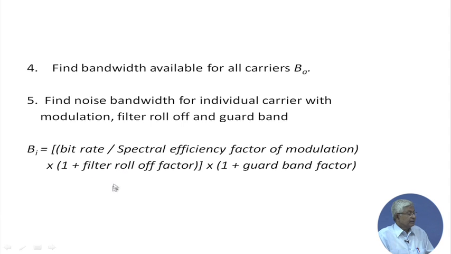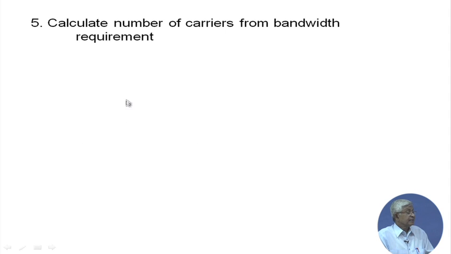Once the modulation is done, there is a filter, and based on the filter roll-off factor the bandwidth will be expanded. Then between the two carriers there are certain guard frequencies given; that guard band factor is taken, and the individual carrier bandwidth is obtained. So, calculate the number of carriers from the bandwidth requirement.